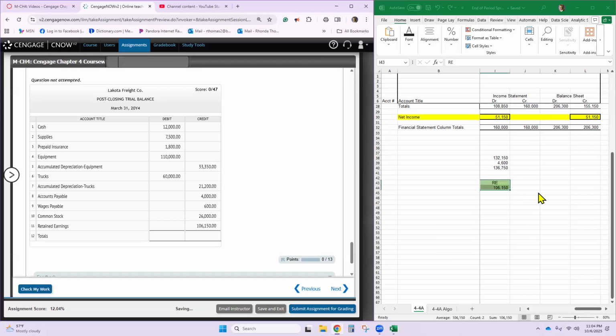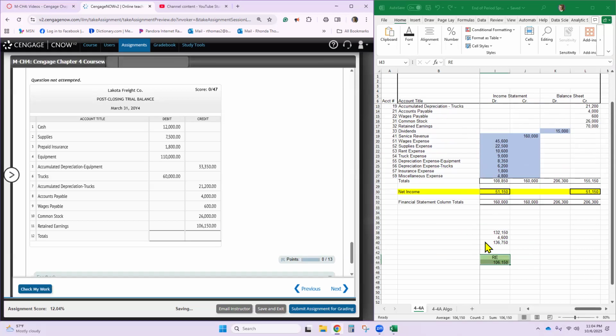Okay, and let me run a quick total here of both of these. Let me put this in: 12,000, 7,500, 1,800, 110,000, 60,000. Okay, so we want a total here. I've got 191,300.